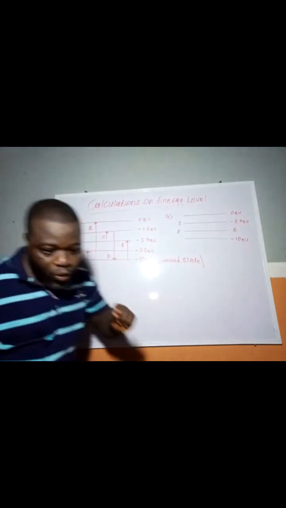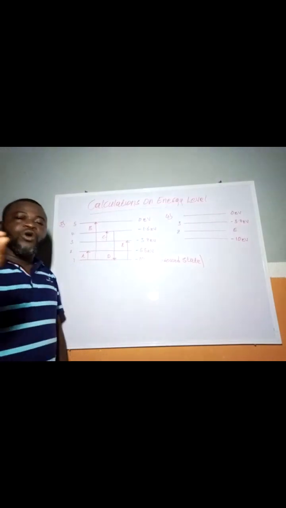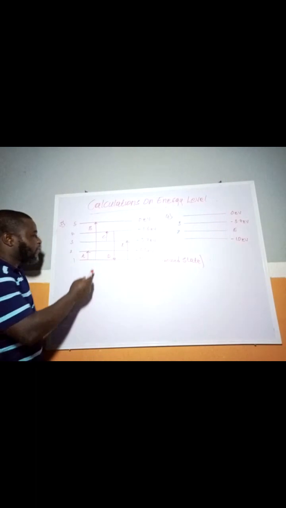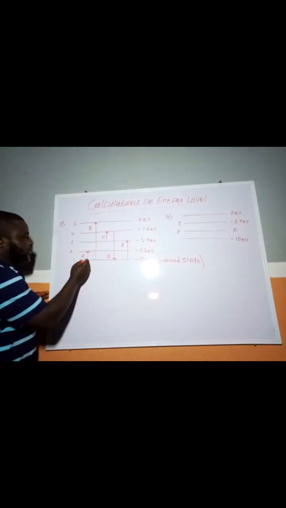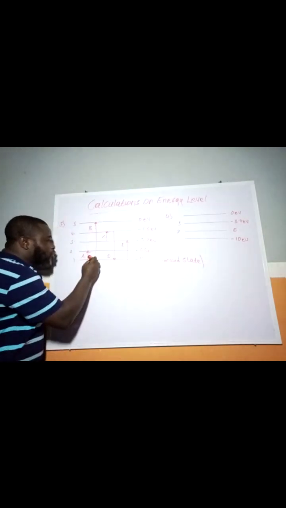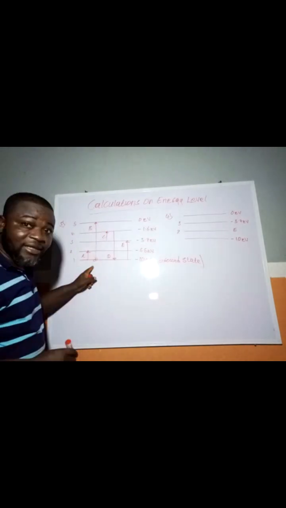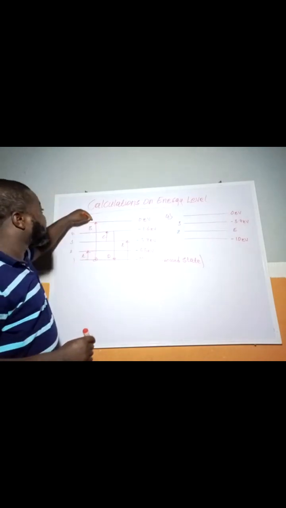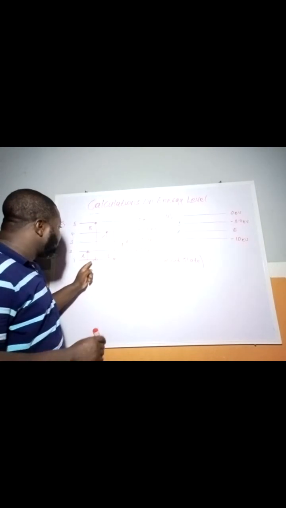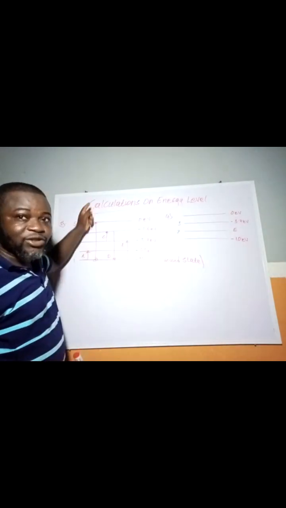They are now asking the question: which energy change represents the ionization of the atom? If you look at the definition of ionization, I've told you that when an electron moves from the ground state to infinity, because this is 0 electron volt, that will be the ionization energy.